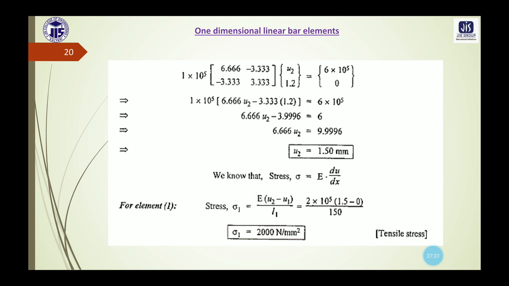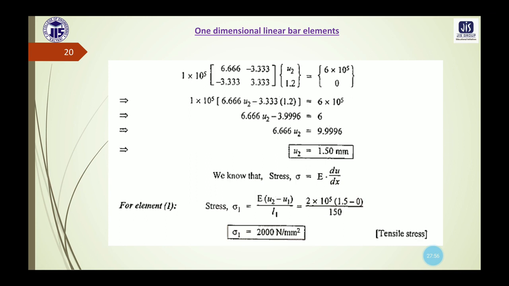Now to calculate the stress in the two different elements, we need to use this formula, that means sigma equals E into du/dx. So stress sigma 1 is E into (U2 minus U1) divided by L1. Putting in all the values of these parameters, we have calculated the stress sigma 1 for element 1, and it comes as 2000 Newton per millimeter square.